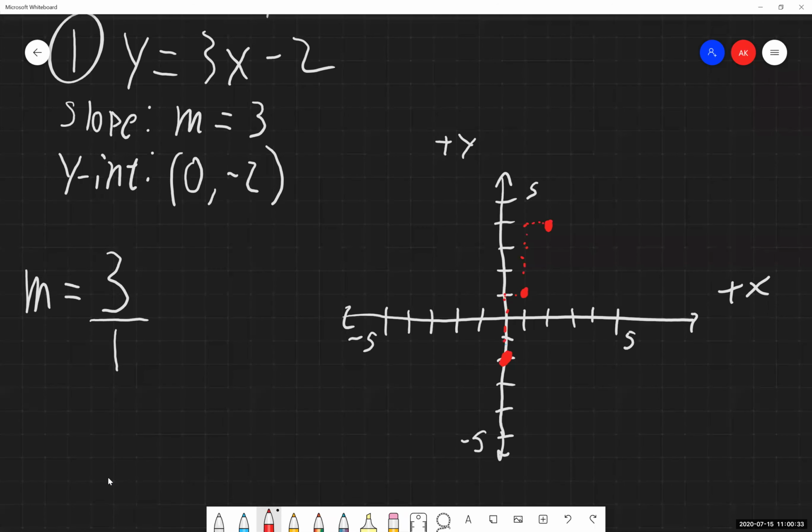If we were to do this exact same thing, but go in the negative direction, let's say you wanted to plot points to the left of the y-intercept, we'd need to reverse our process. So instead of going positive 3 in the y direction and then positive 1 in the x direction, if we are going to reverse that and go in the opposite direction overall, I would instead need to go down by 3 and then over by 1.